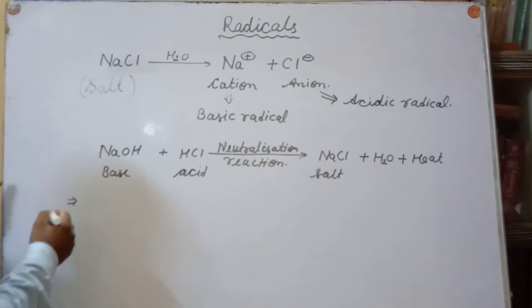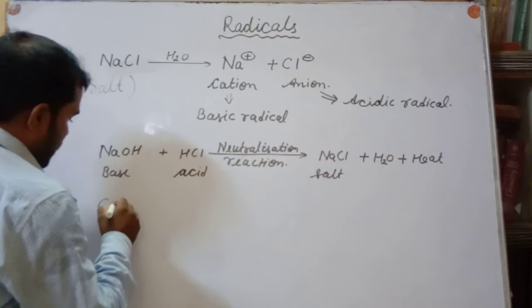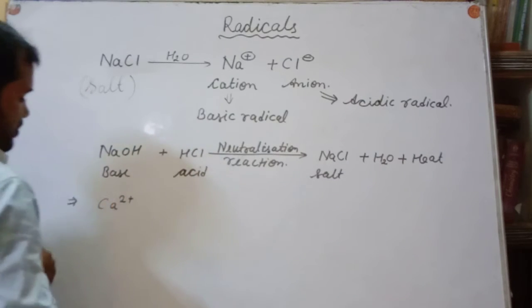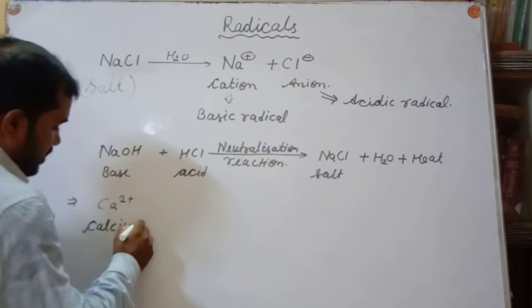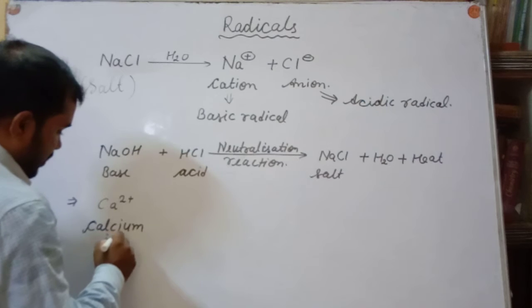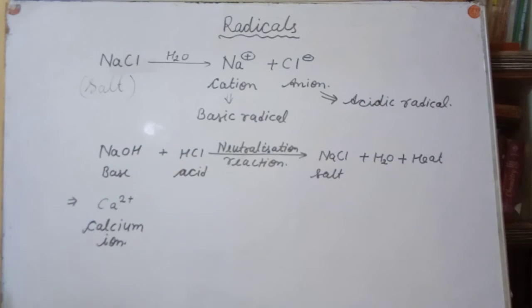Suppose Ca2+, this is calcium ion. Here how many charges are present, my dear? Here 2 plus, calcium 2 plus is present. So this calcium 2+ is divalent electropositive.